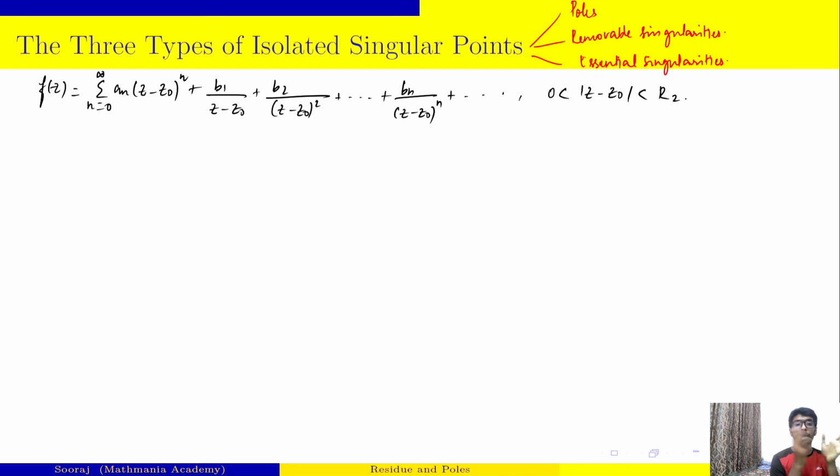So we can have a Laurent series expansion of this form. Here the positive powers I have written as a single term, and the negative powers I have written as separate terms.